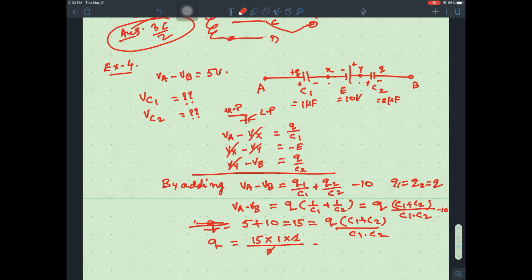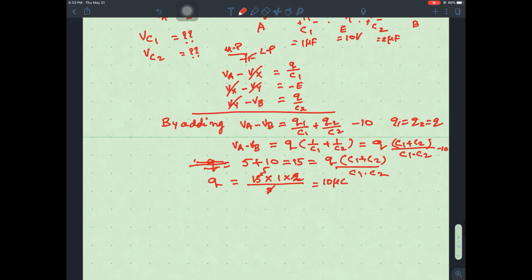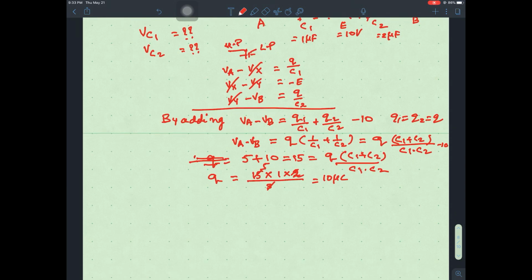So the 3 cancels with 15, leaving 5 times 2, that is 10 microcoulomb. 10 microcoulomb is the value of Q. So we are getting Q equals 10 microcoulomb. This is the charge we are getting.